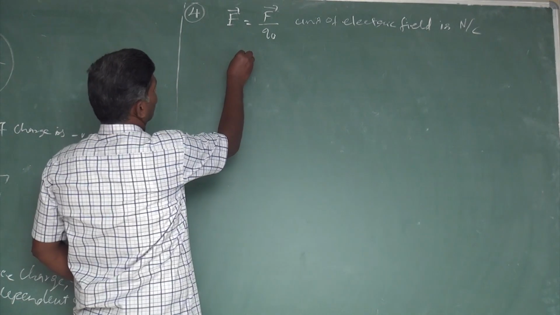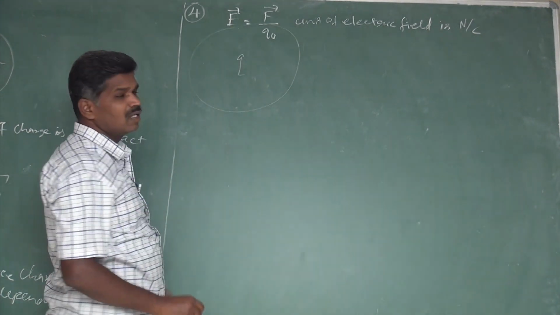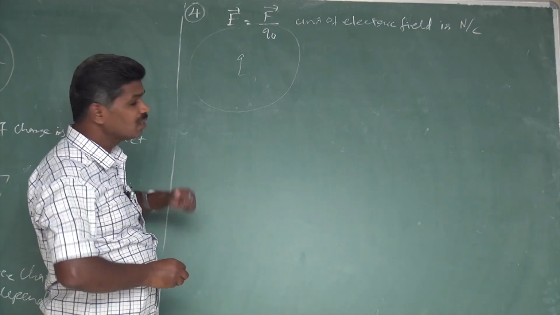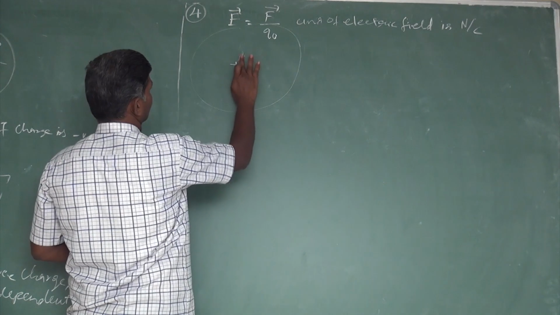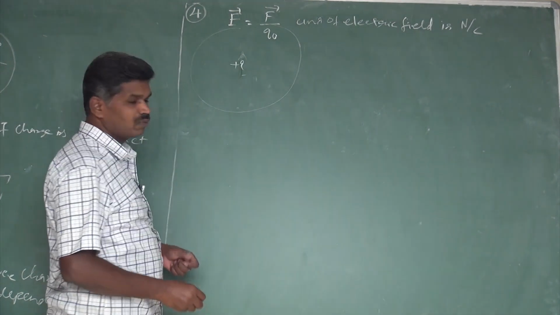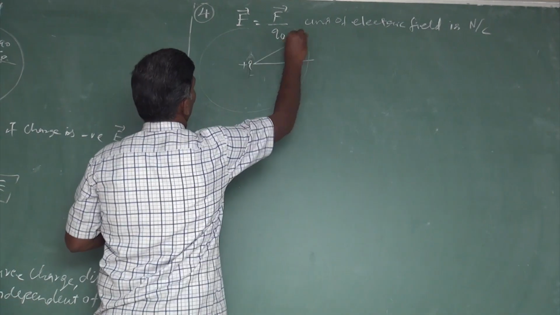The field is acting around the source charge. Suppose it is a positive charge, then the field acts away from the charge, we mention it like that.